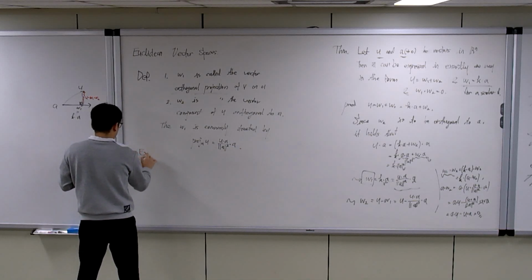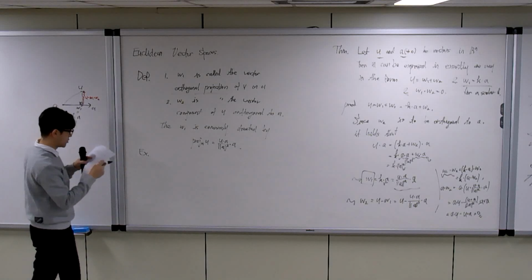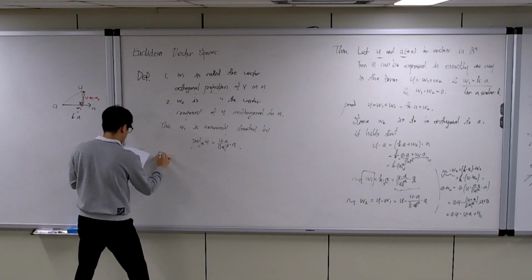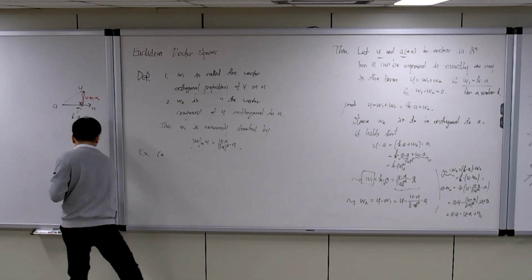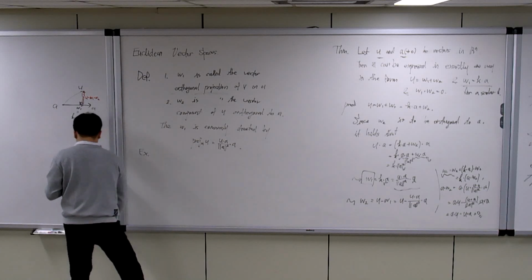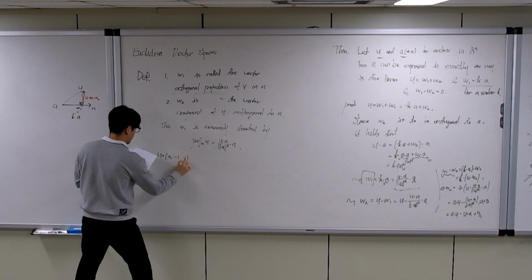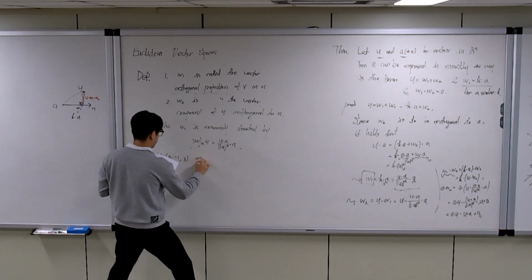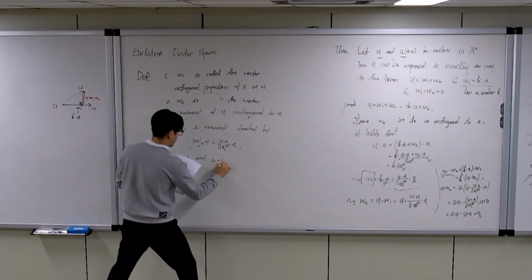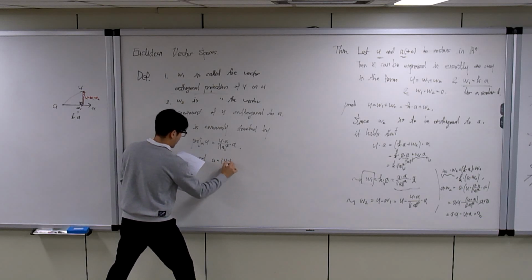As an example, I will give two vectors in R3. Vector u is (2, -1, 3), and vector a is (4, -1, 2).